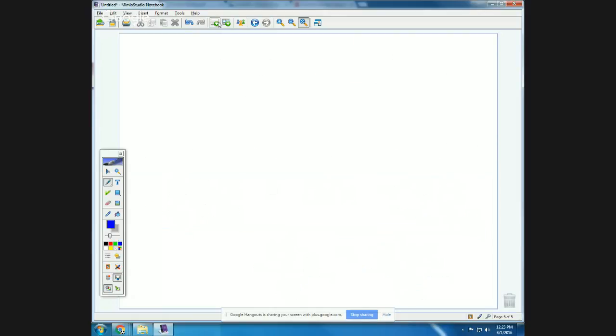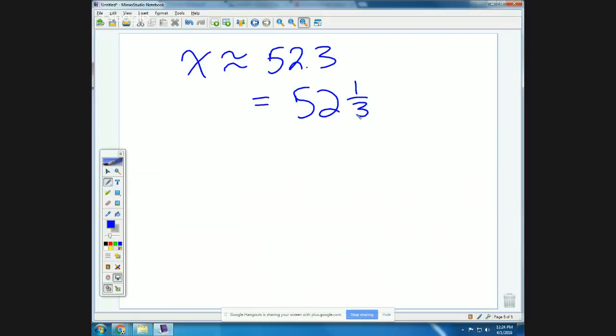All right, so we're getting that x is about 52.3 to 1 decimal place. It was a repeating 3333333. Yeah, so repeating threes, that would make it exactly 52 1/3 if we cared about being exact. And sometimes we do and sometimes we don't.